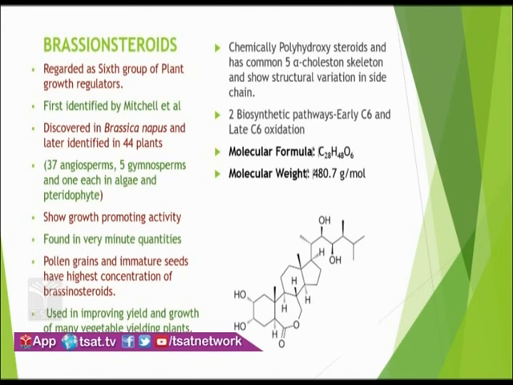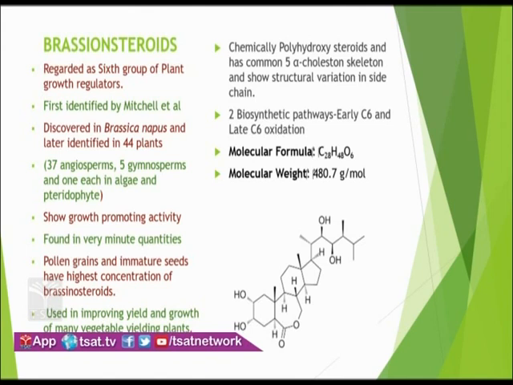So, these brassinosteroids, after prolonged studies, have been identified in 44 different kinds of plants, including 37 angiosperms, a few gymnosperms, and in algae and pteridophytes also, and much more studies are going on, and now the physiologists are considering them to be the 6th group of growth regulators.